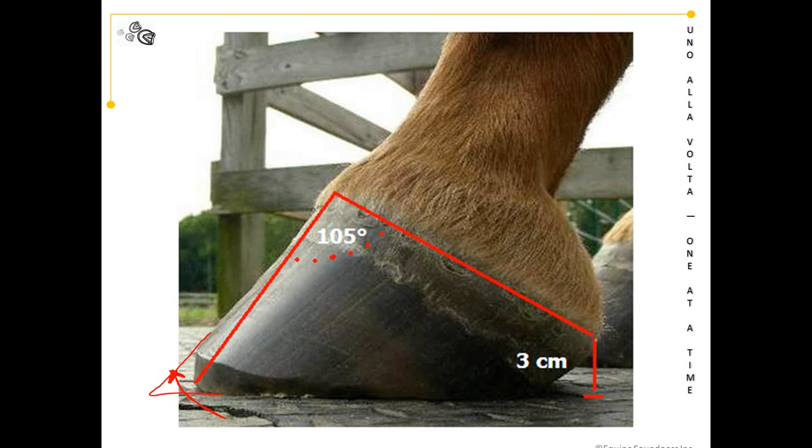So when you take a 30-degree hairline, a 45-degree toe line and a 105-degree angle, then you have 180 degrees. This is how we arrive at this. And we want to always preserve the 3 centimeter or thereabout toe height, heel height.